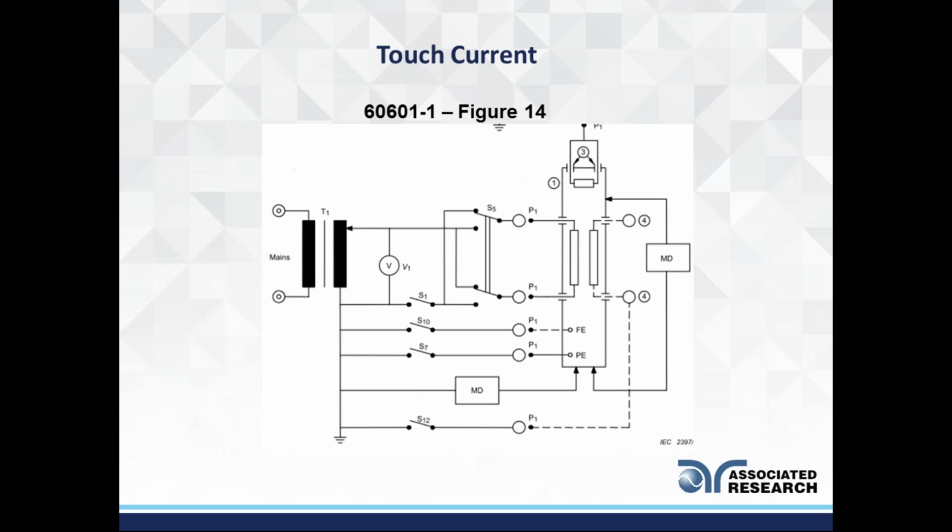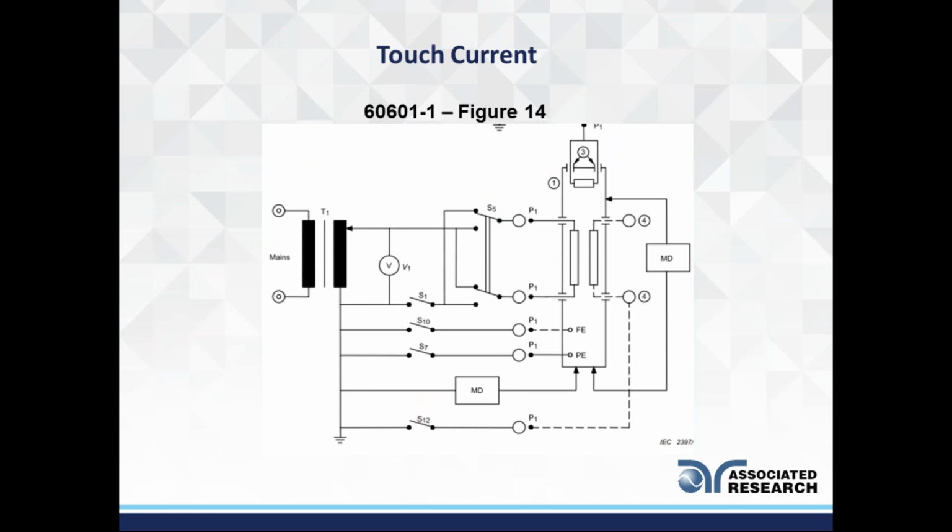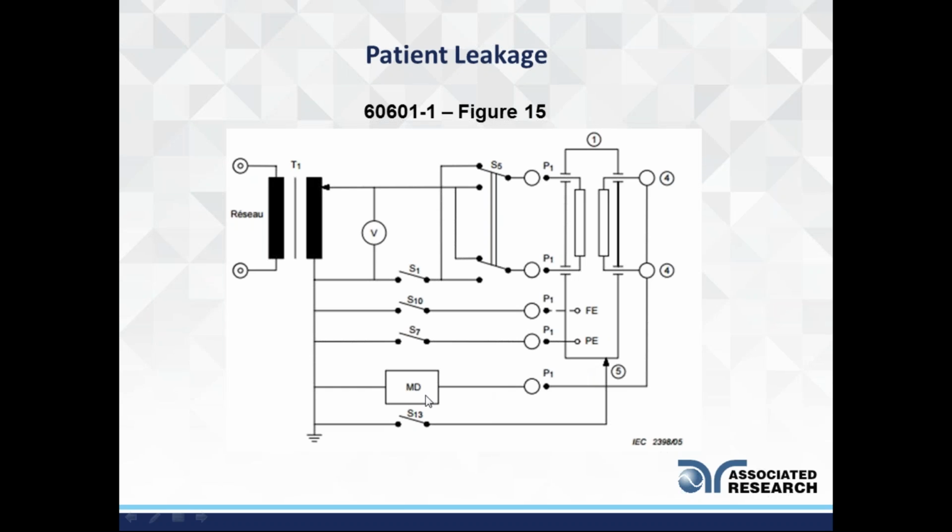Okay, so let's go back to touch current and compare it to patient leakage. Again, the only difference we have is my probe high side of the measuring device is no longer touching my device, but is now connected to that applied patient part.